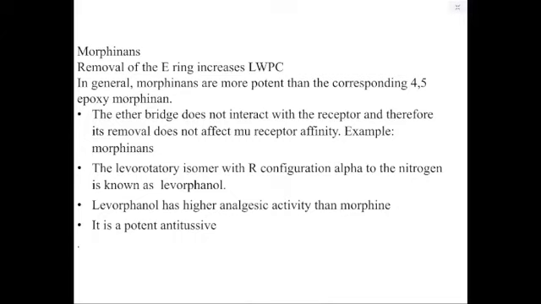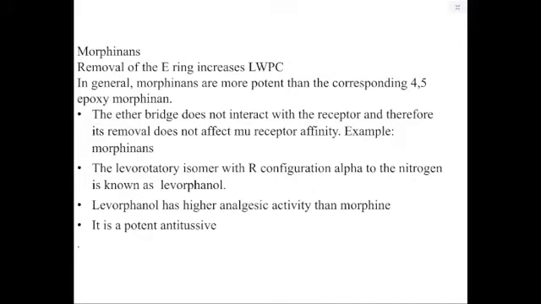For example, the morphinan, which we have seen, the levorotatory isomer with R configuration, alpha to the nitrogen is known as levorphanol. We've already seen the structure. Of course, the other one is the dextrorphan. Levorphanol is now when we put a hydroxyl group at position 3, improving the interaction of levorphanol with the receptor. It has a higher analgesic activity than morphine.